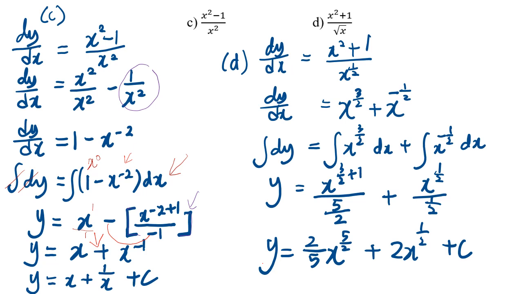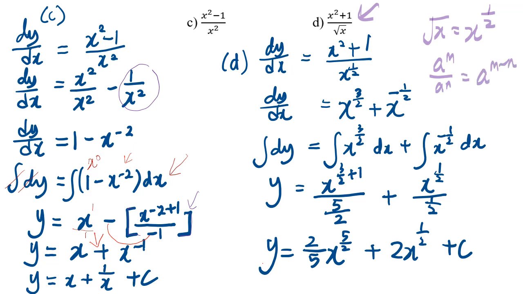For part D, the way to do it is the same. The skill is the same as in part C. We have to separate this into 2 fractions. Just a recall, square root x is x to the power half. So how do I get 3 over 2? I'm applying this rule.